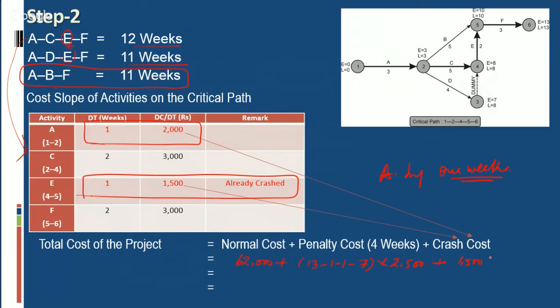This is our crash cost as per step 1, and this is the crash cost as per step 2, and the total cost will be 75,500.